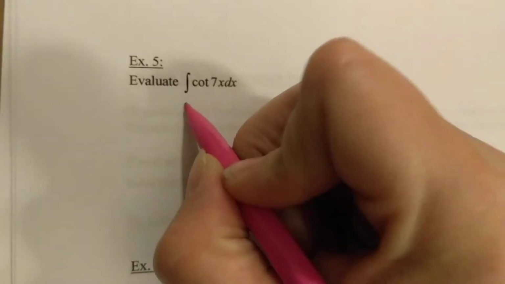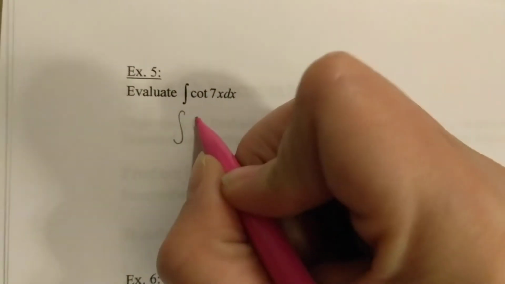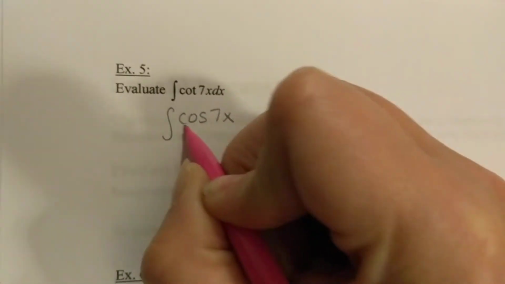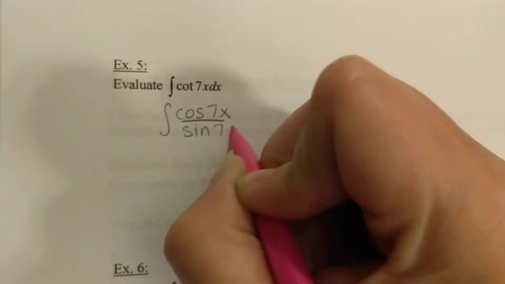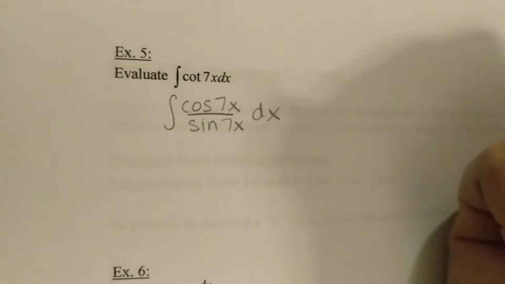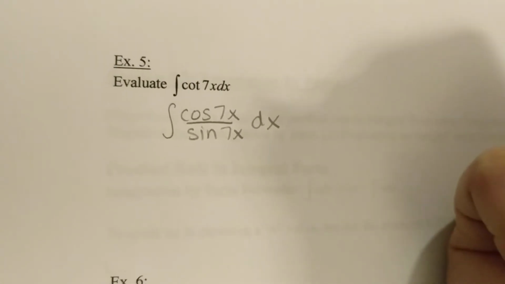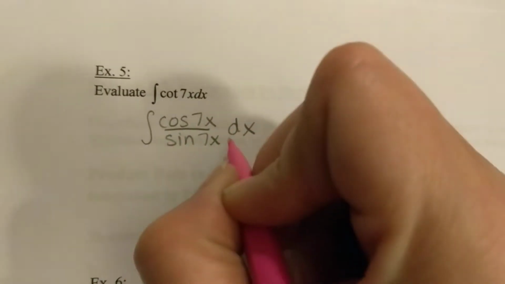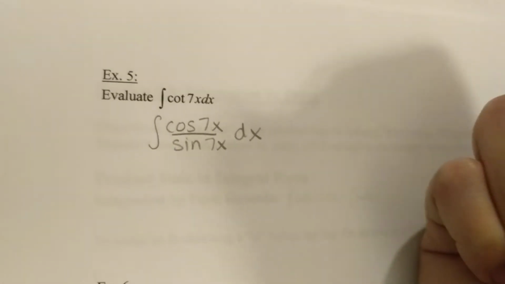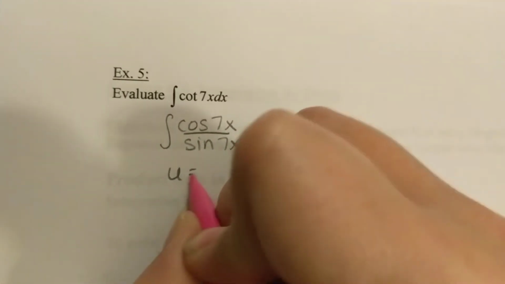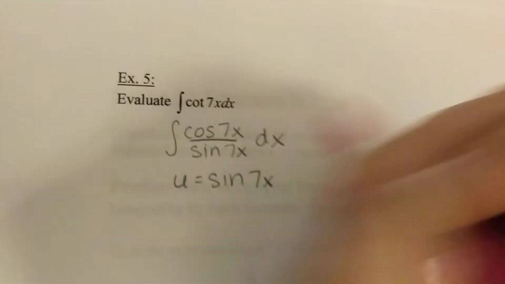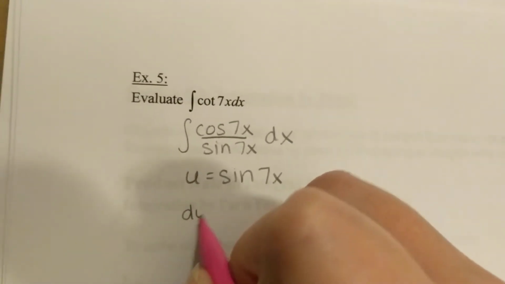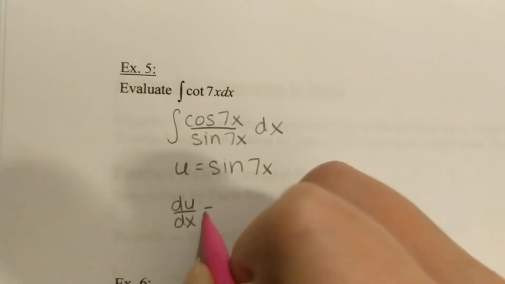We don't have an antiderivative trick for cotangent. So to do this one, we have to rewrite, and we end up getting cosine of 7x over sine of 7x. Now, using those rules that we just wrote down, we would want to use this bottom function as our u, and then du dx.